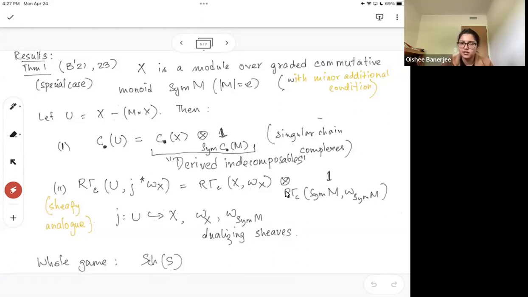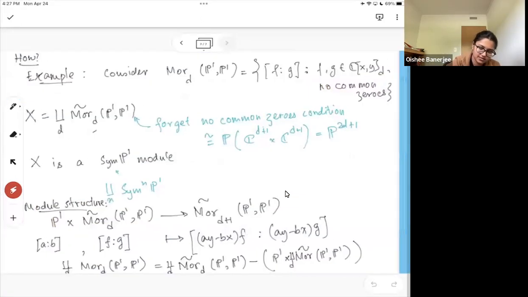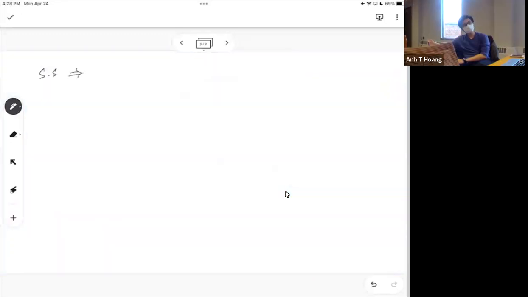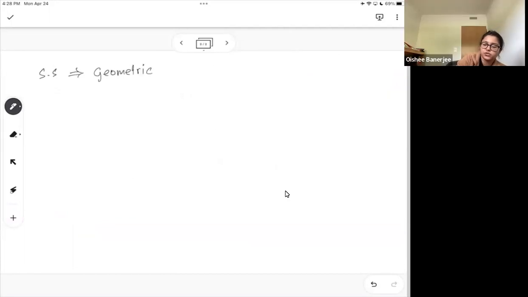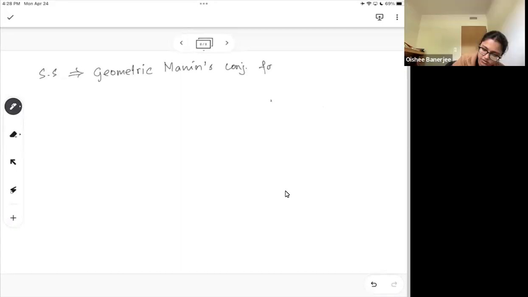What the geometric Manin conjecture would say is that over finite fields, you have Q to the dimension of the space as the leading term in the point count.